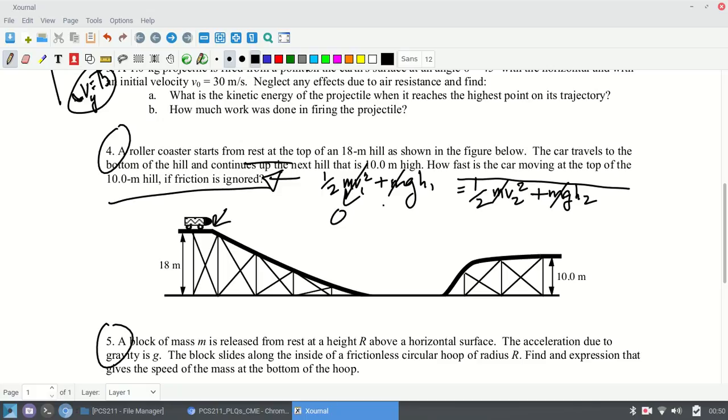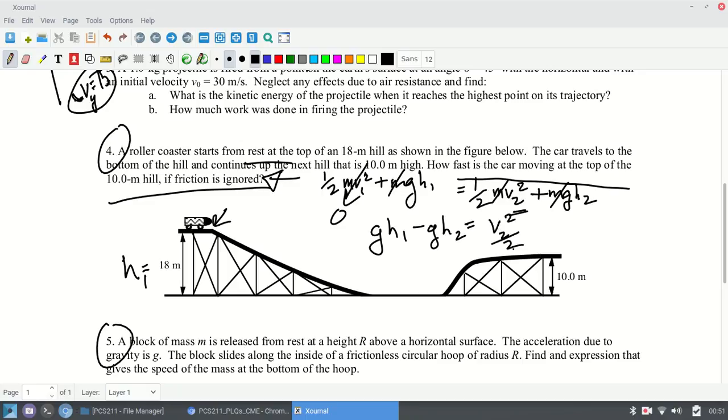Next, I want you to notice another thing. The initial height, h1, is equal to 18. So h1 is given. What you have to find is this v2. So I'm going to isolate for v2. If you isolate, you'll get gh1 minus gh2 equals v2 squared over 2.